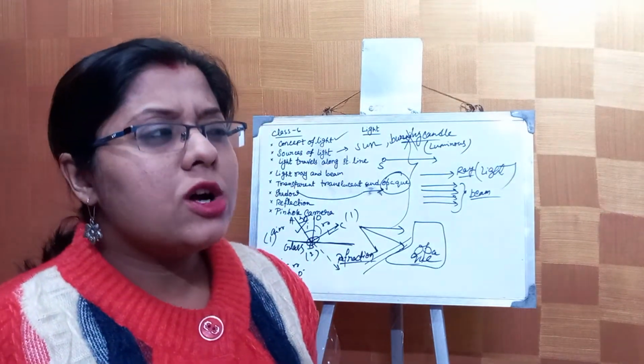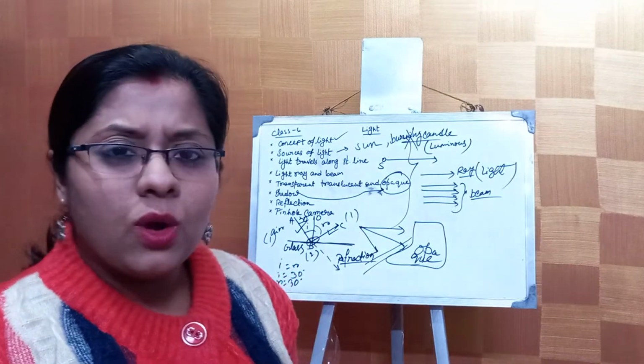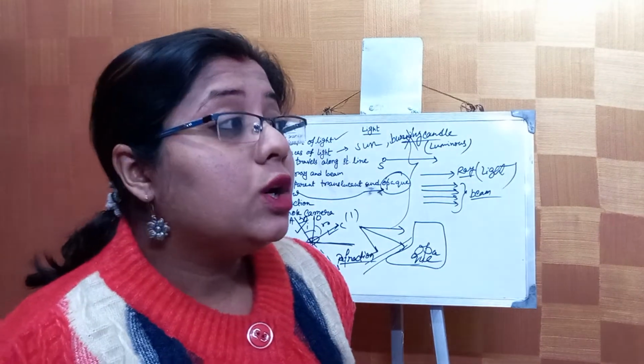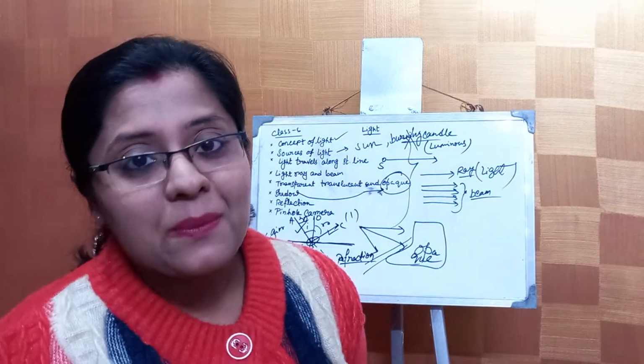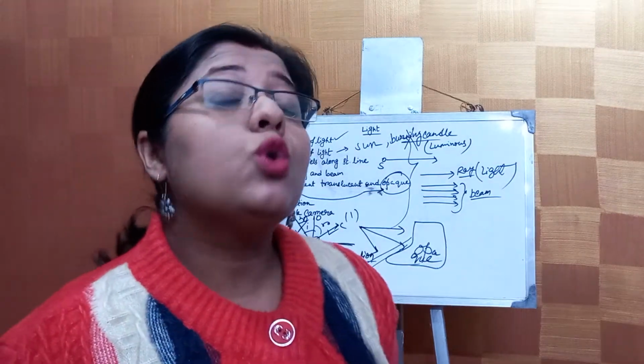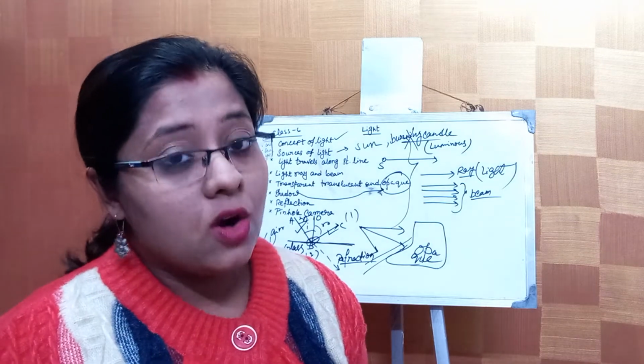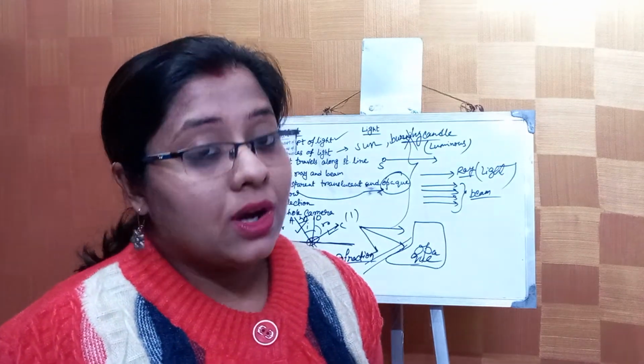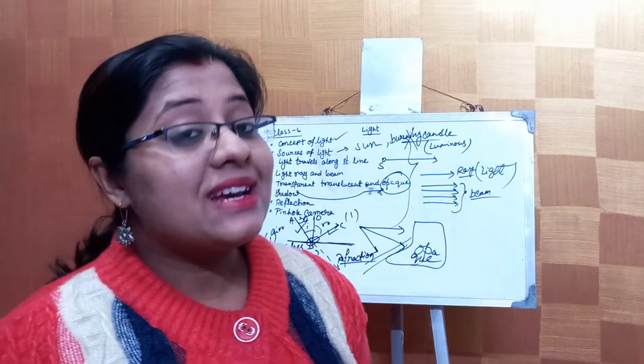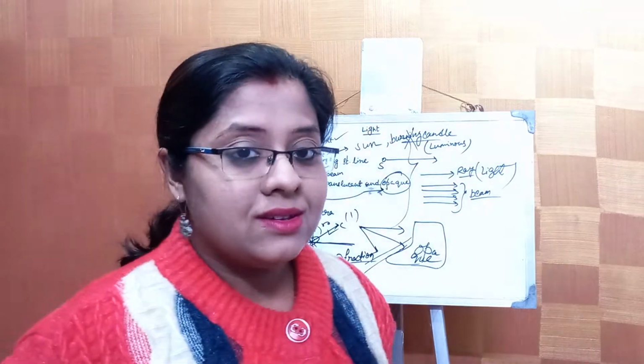So why should we do the experiment of pinhole camera? Because from here two things we can learn. The first thing is that light travels along a straight line. Through the hole, the light rays are coming in a straight way.